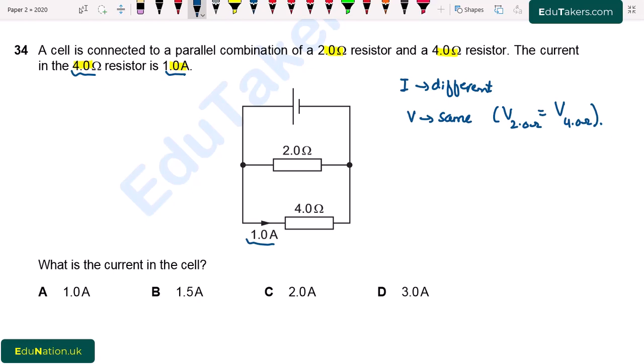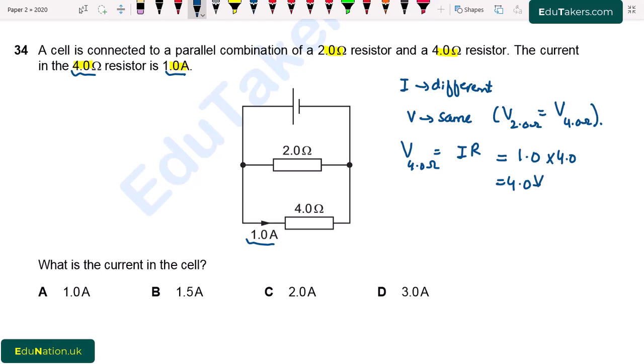So I write here, by using Ohm's law, V is equal to IR, for the 4.0 ohm resistance. It will be equal to 1.0 multiplied by 4.0, which is equal to 4.0 volt.